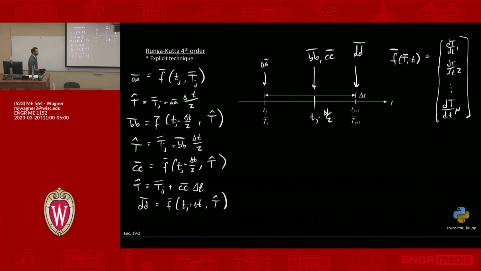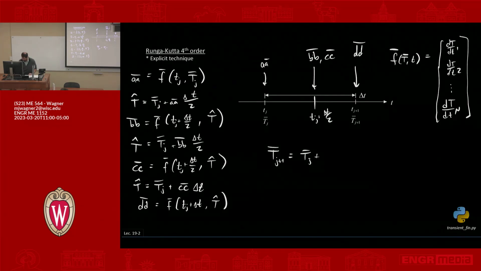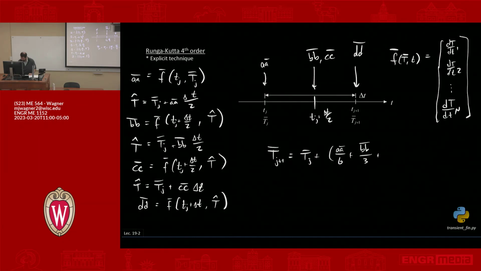And if you remember, what RK4 does is that it then takes all these different estimates and weights them together. So my actual step t_{j+1} is going to be t bar j plus all the weighted sum, which will be AA bar over 6 plus BB bar over 3 plus CC bar over 3 plus DD bar over 6, times delta t.